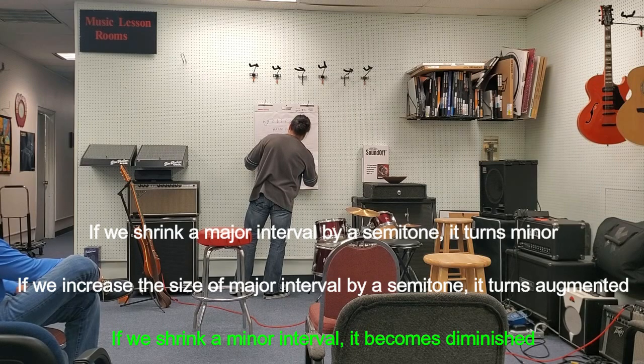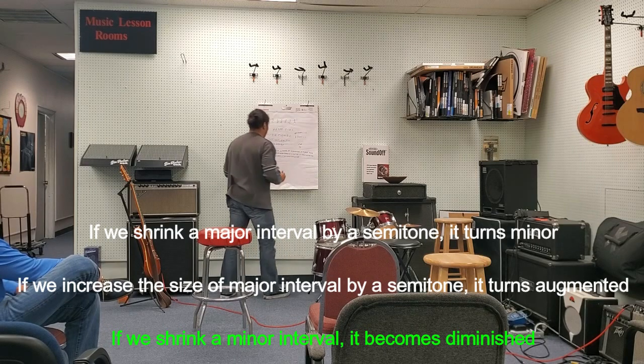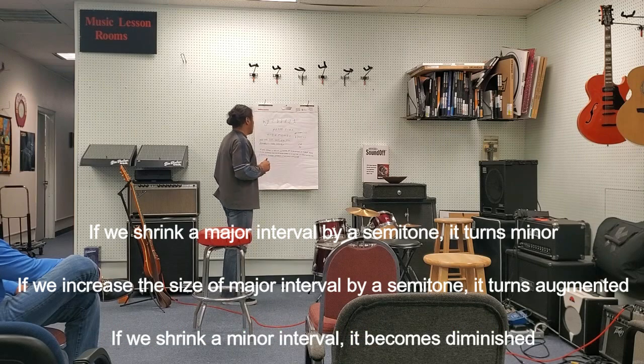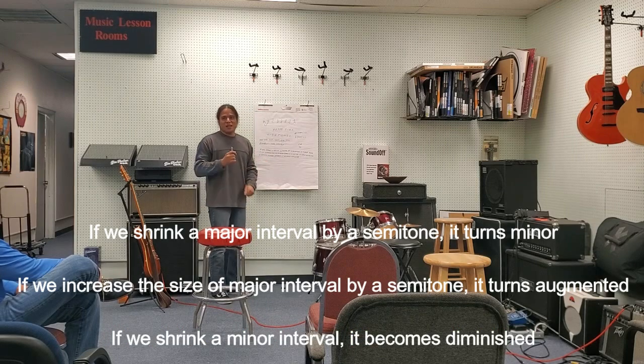I promise you there's a point to all these words. Now with perfect intervals, if you make them big, they turn augmented. If you make them small, they turn diminished.